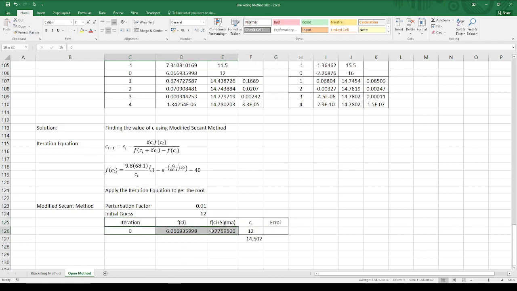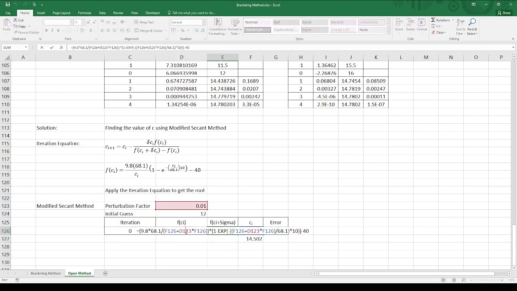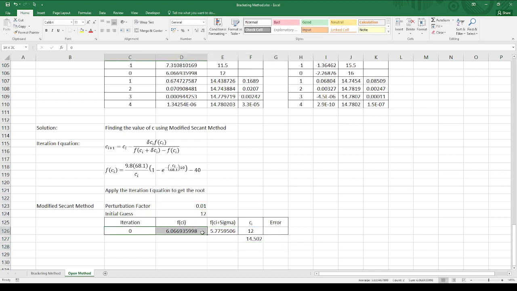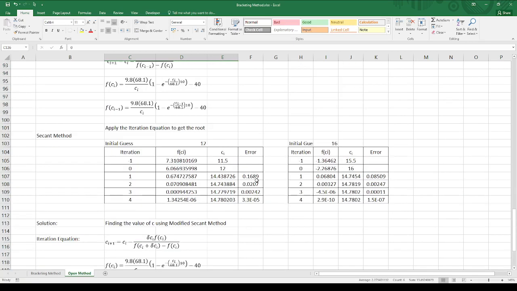So let's just drag this one. I think we need to modify also this. Perturbation factor should be locked. So we need to put dollar sign. And this one, we need to put dollar sign. Yeah. Let's drag this one again. Copy the solution of the error.